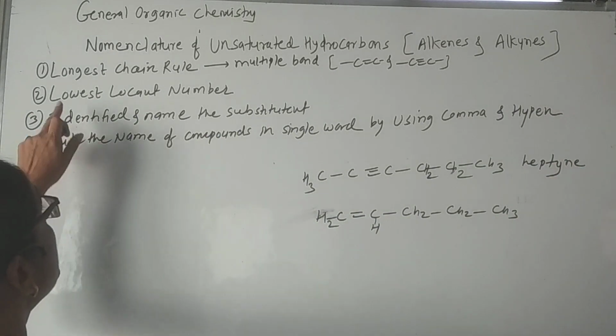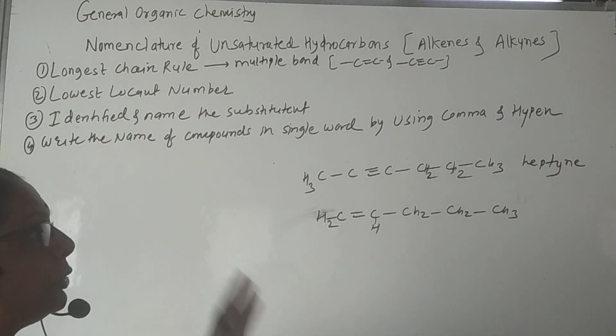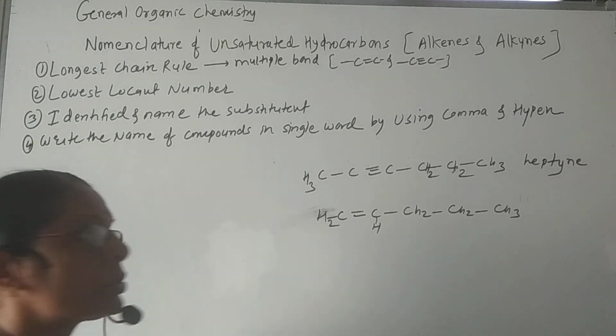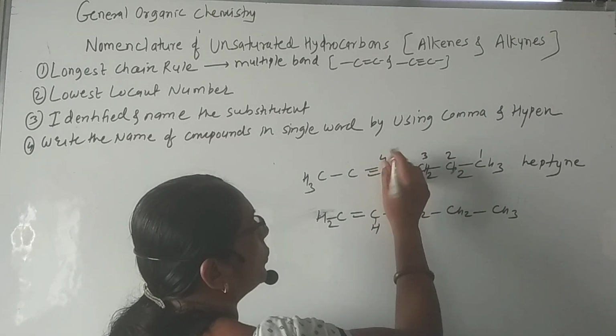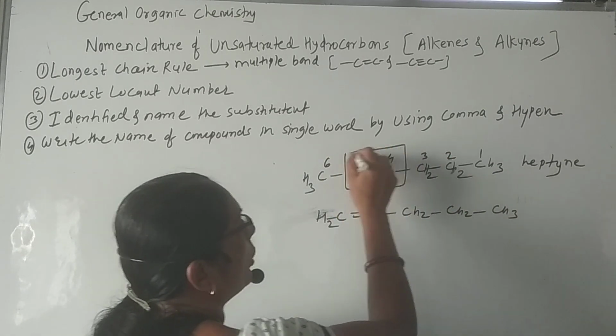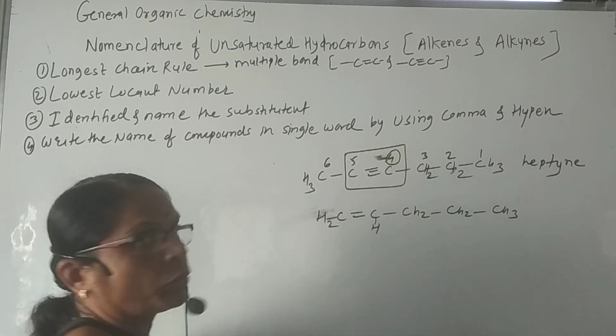Now the second rule is the lowest locant number. Now give the numbering to the chain so that your functional group will get the least possible number. Suppose I go from this side, 1, 2, 3, 4, 5 and 6. So this is a multiple bond, and in this multiple bond, if you go from this side, the least number is 4.